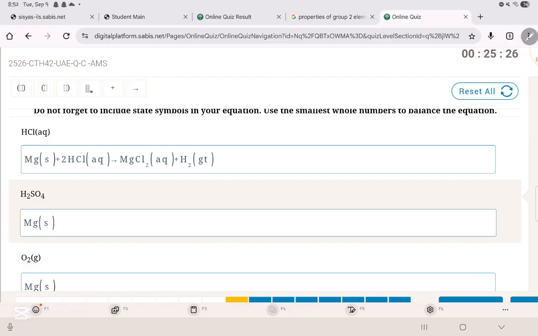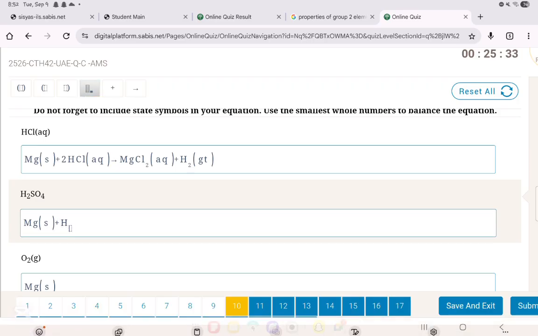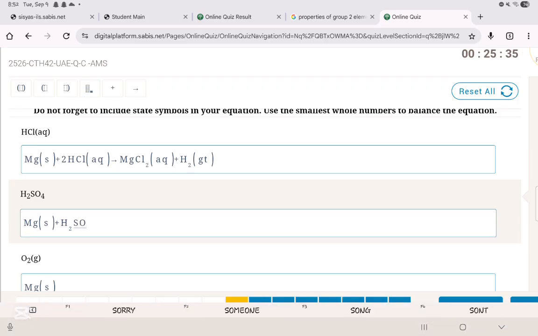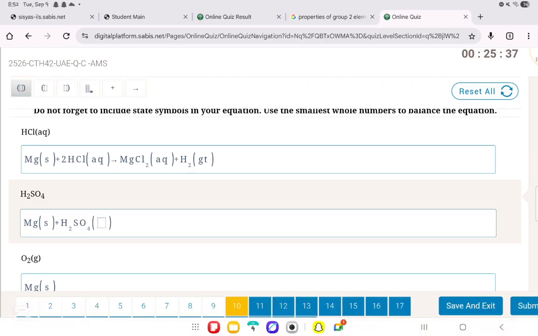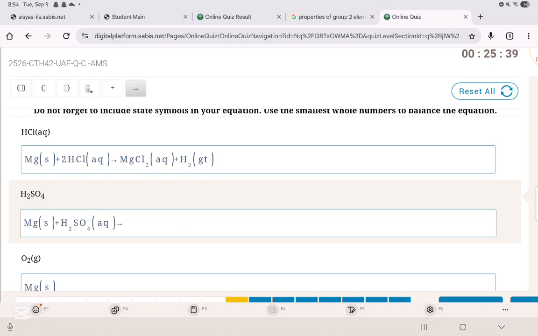So it's magnesium solid in this case, in addition to H2SO4, which is aqueous. Remember, H2SO4 is always aqueous. It will give us metal, in this case magnesium SO4, in addition to hydrogen gas.